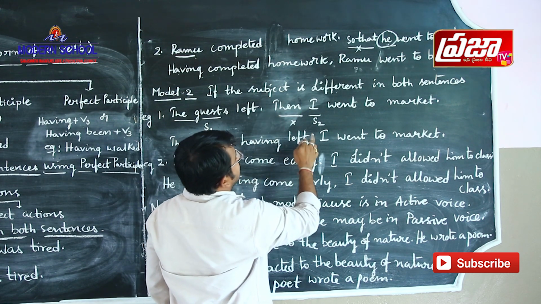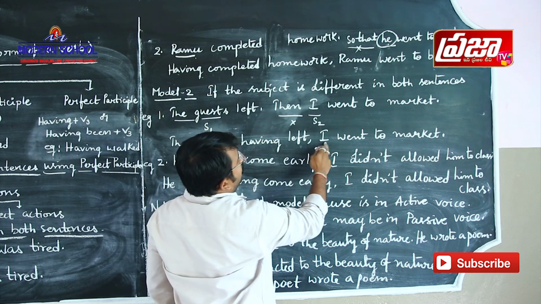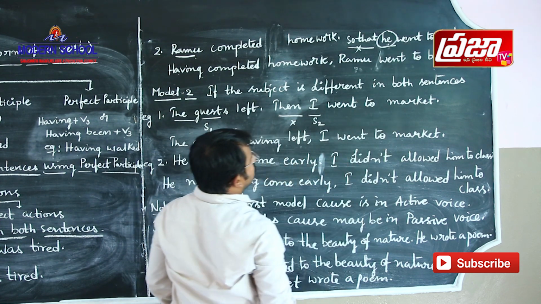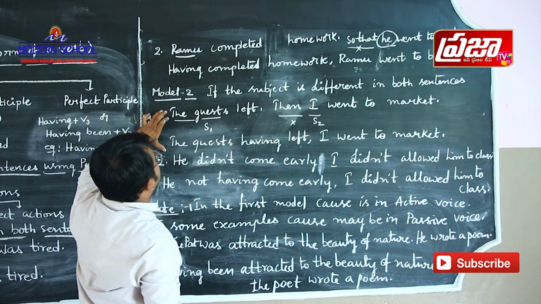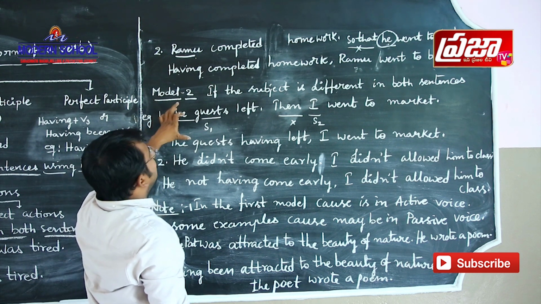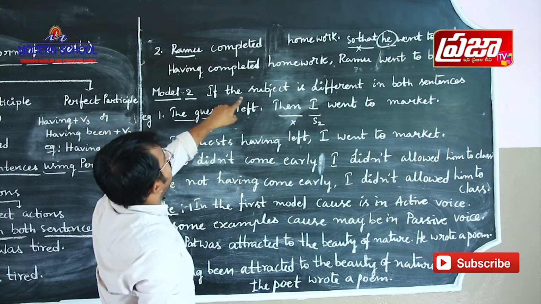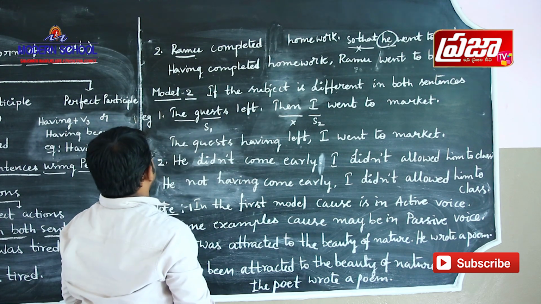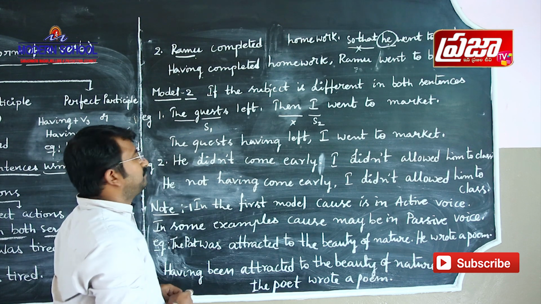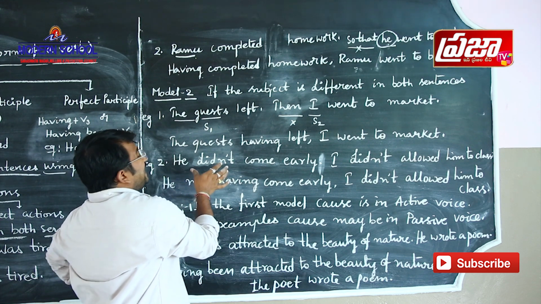So I skipped it, and I wrote, went to the market, as it is. So in such a way we have to combine the given pair of sentences using the perfect participle if the subject is different.